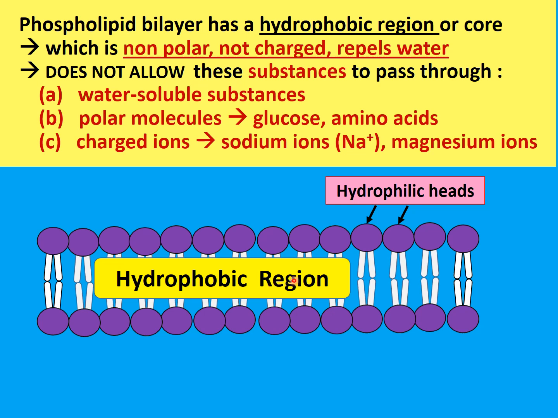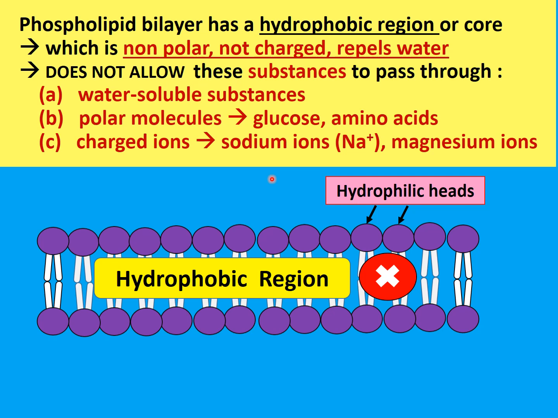Now this region does not allow certain substances to pass through it. Because it is non-polar, it is not charged, it repels water. So it will not allow substances that have different characteristics from it to pass through it. And these are the water-soluble molecules, polar molecules that have uneven distribution of charges like glucose, which has positive ends and negative ends, amino acids, charged ions such as sodium ions, magnesium ions.